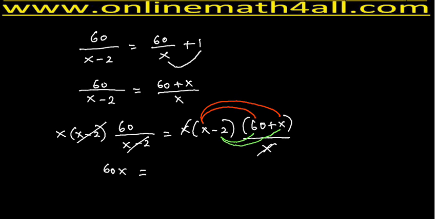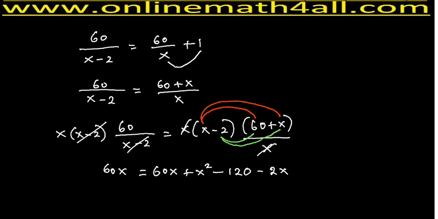When I multiply x and 60, it will be 60x. x times x will be x squared, and negative 2 times 60 will be negative 120.